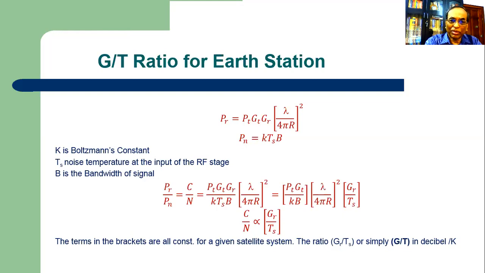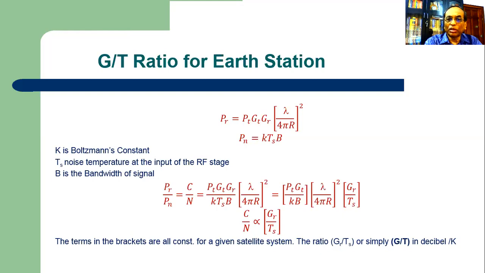C by N is the information or signal divided by the noise. If we compute it, then we get PT GT GR multiplied by lambda divided by 4 pi r all to the power 2 divided by K TS B. This can be simplified like this: PT GT divided by KB.